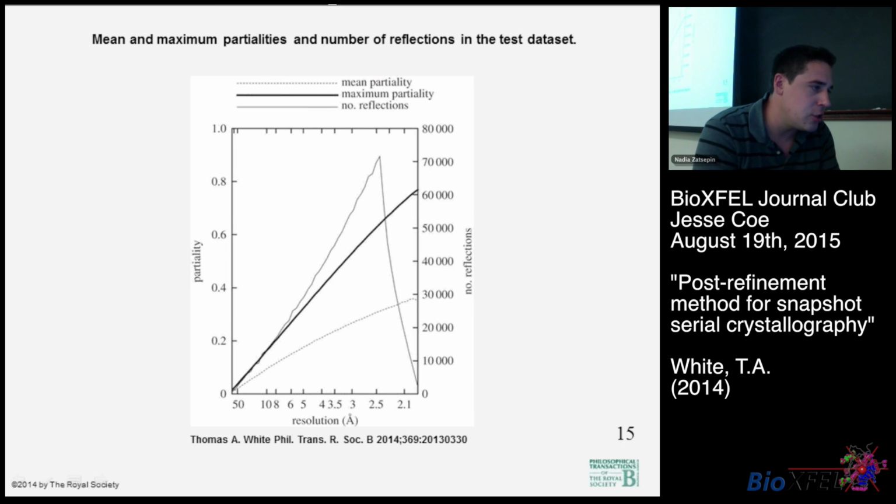What this is essentially showing you is that he has a resolution limit where it sharply cuts off. This is from the actual data itself. But the partiality and the mean partiality both increase as you go to a lower resolution.